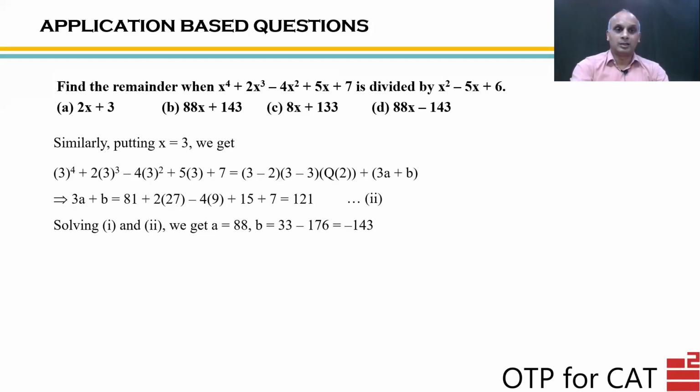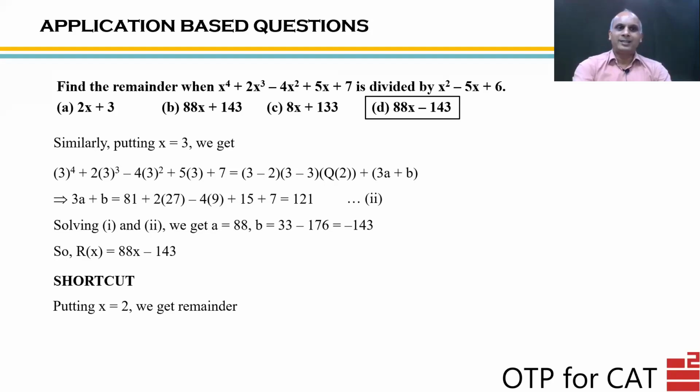There is a very good shortcut also for this question. So what is that shortcut? I can put x as 2 in the main function. The remainder I will get is 33.